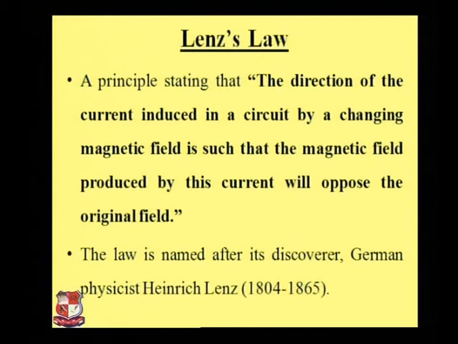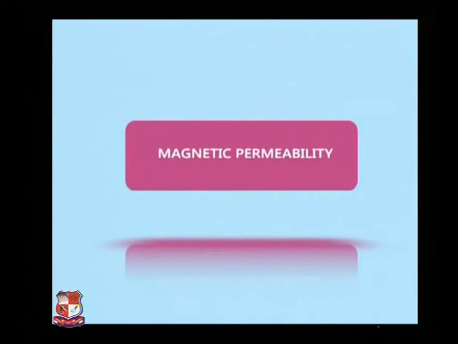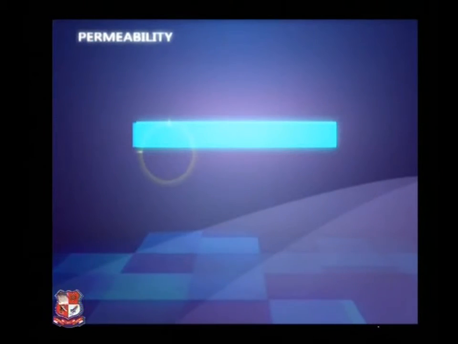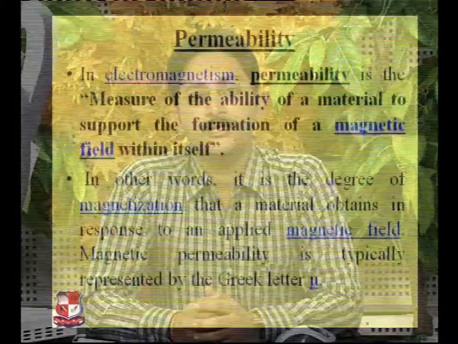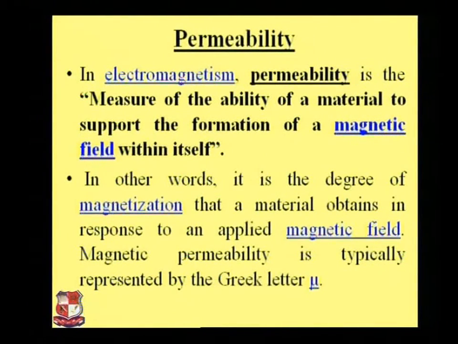Now just go through one example of Lenz's law, which already gives you the basic idea of it. Magnetic permeability in electromagnetism. Permeability is the measure of the ability of a material to support the formation of the magnetic field within itself.